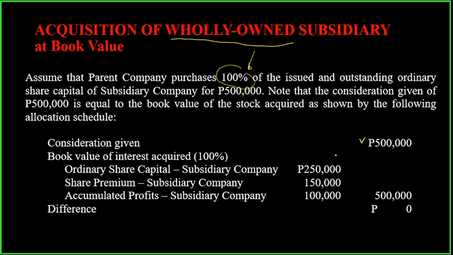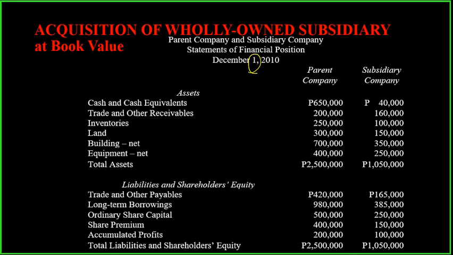Now, before I discuss this, balikan natin yung data natin kanina. If you try to look at the books of the subsidiary, this one is your stockholders' equity. And the total is how much? 500,000. Okay po? Okay.